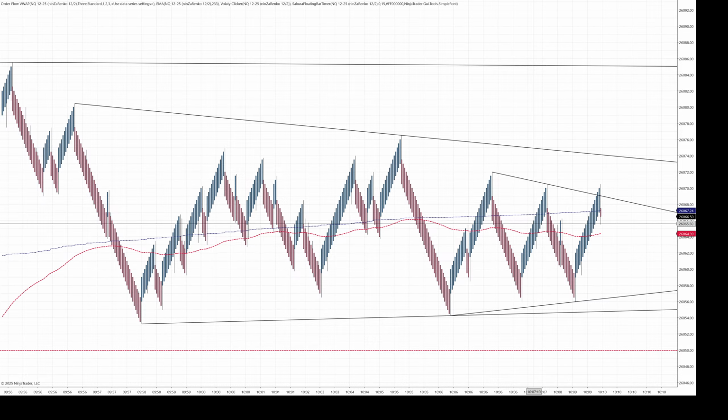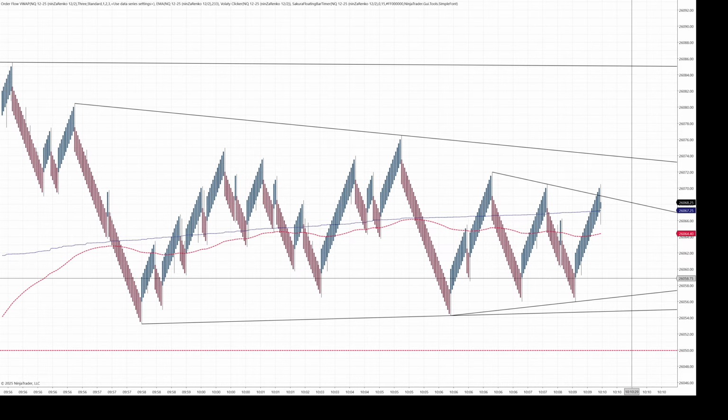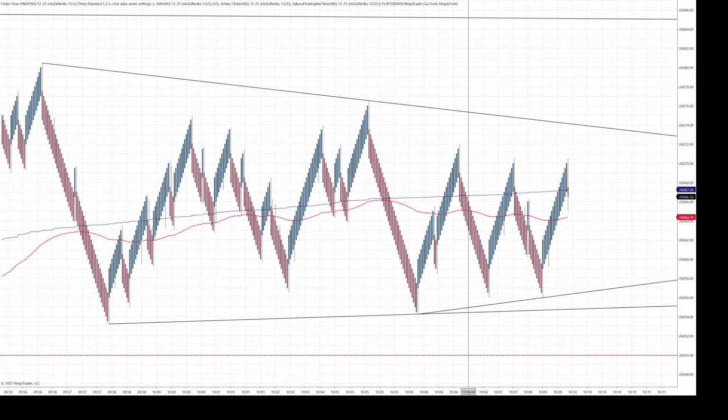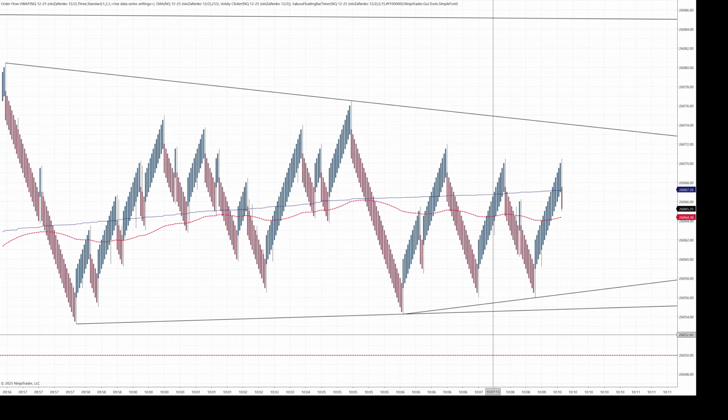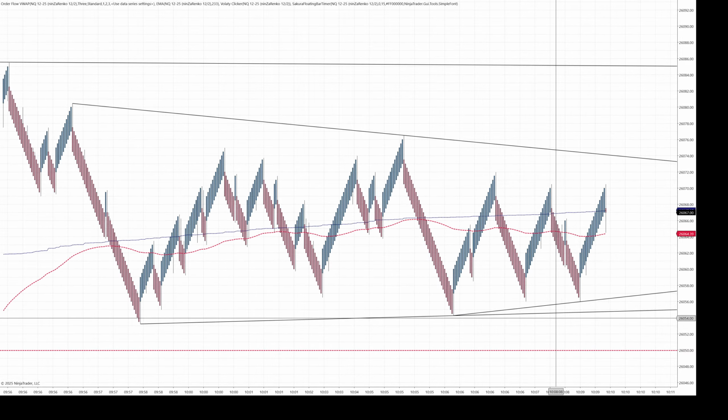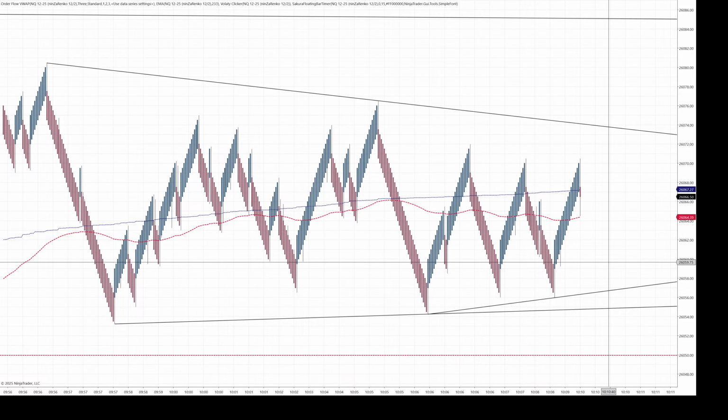And you can see every signal that we've gotten up to this point hasn't really worked because we've been stuck in this really tight range. And that's why all of these signals, because of our parameters and our rule set, we wouldn't be able to take them. So we just patiently wait until we can break out of this range.